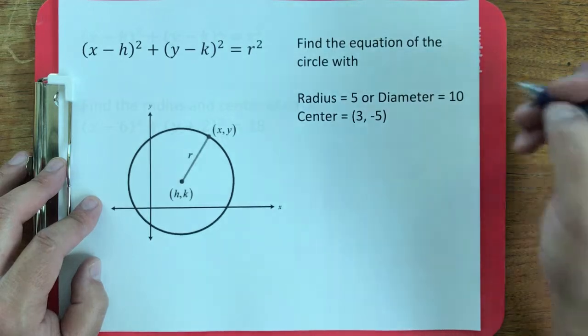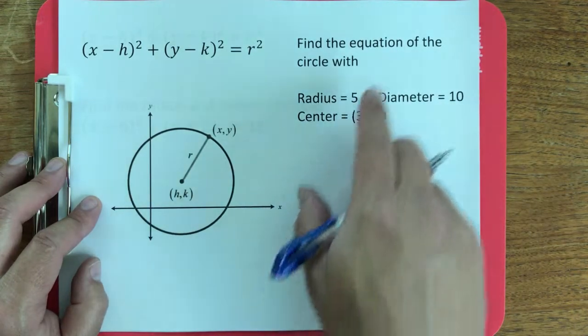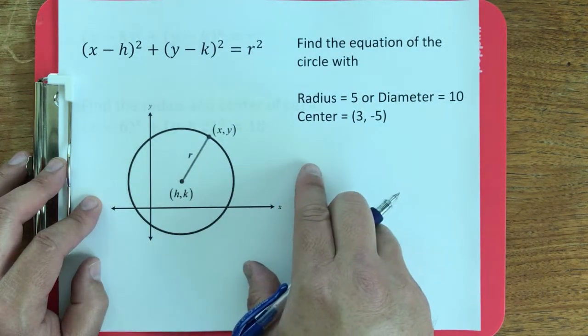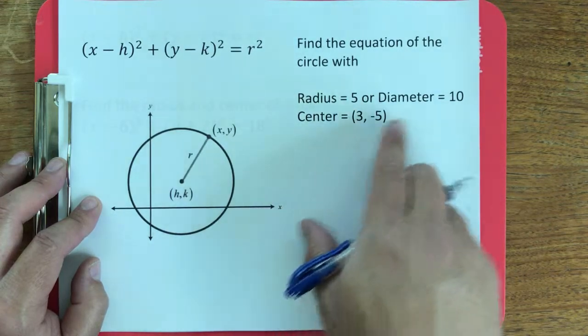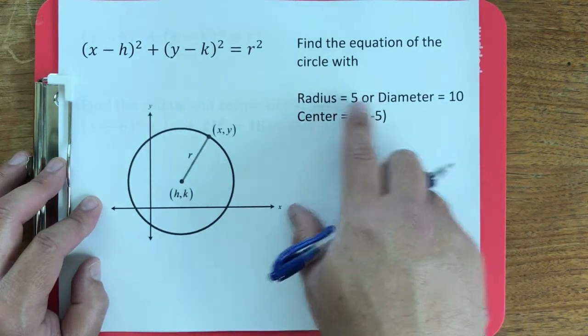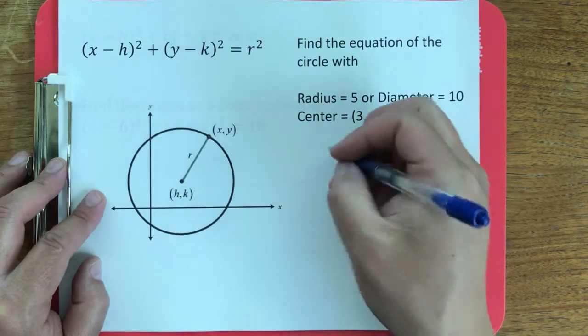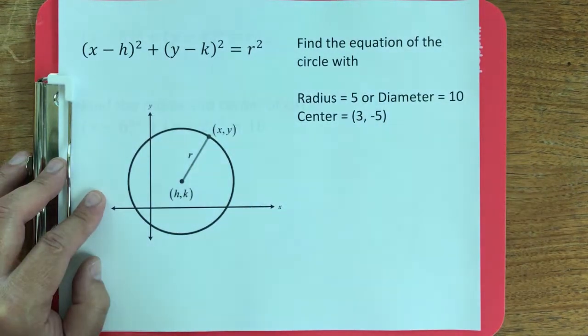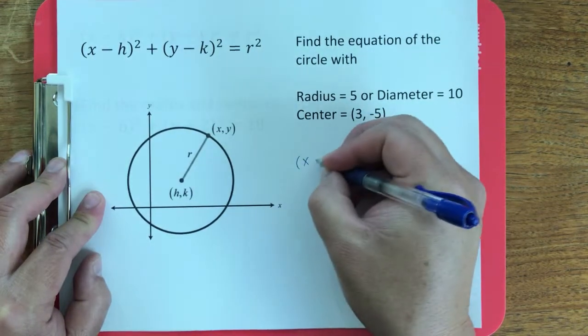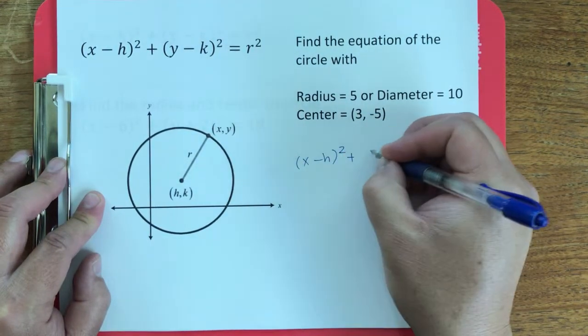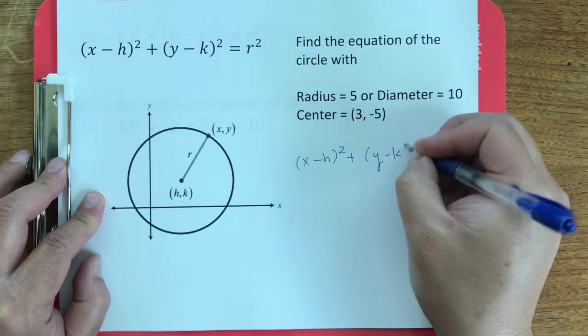Now, in order for us to find the equation that has radius 5 or diameter 10, remember, diameter is always twice radius, and the center 3, -5, what we would do is we would just plug in these values into the circle formula or the circle equation.